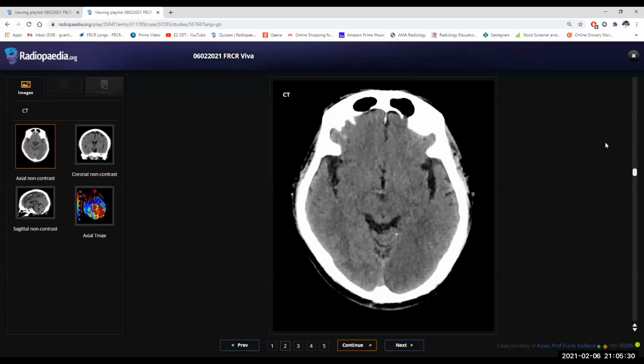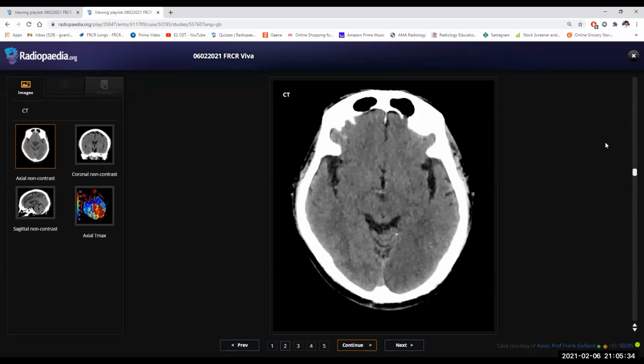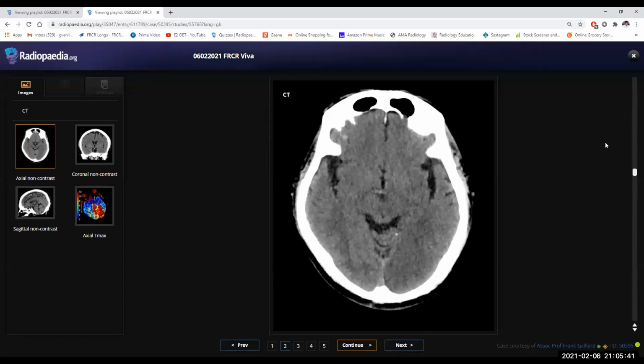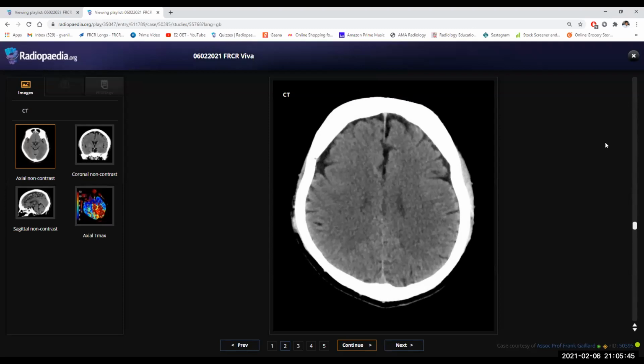I can clearly see that there is a hypodensity in the left parieto-occipital region with loss of gray-white matter differentiation. There is no mass effect.